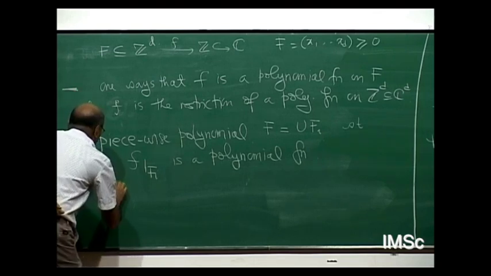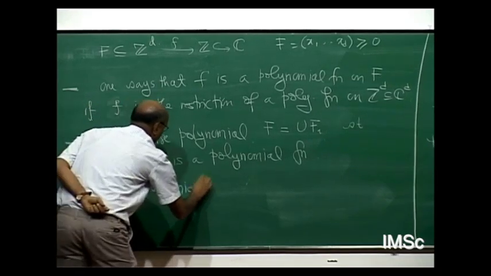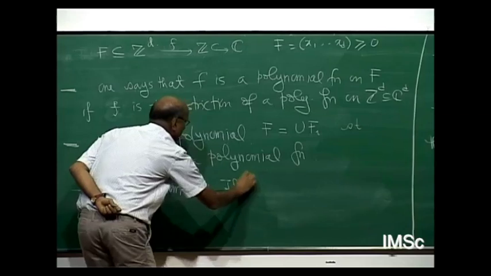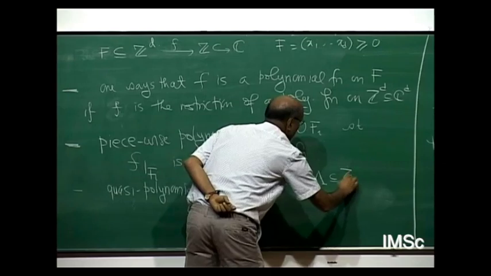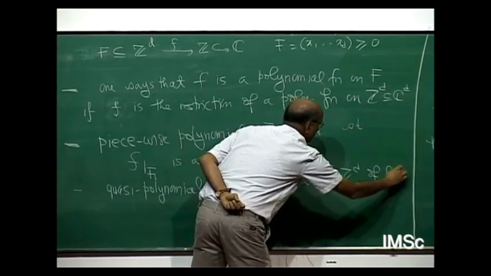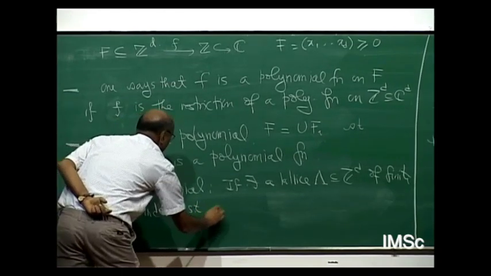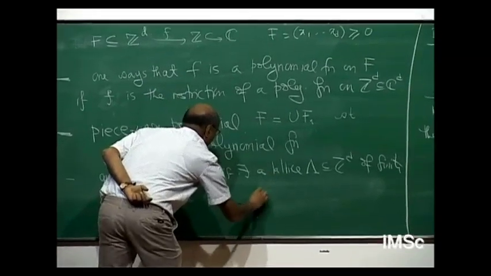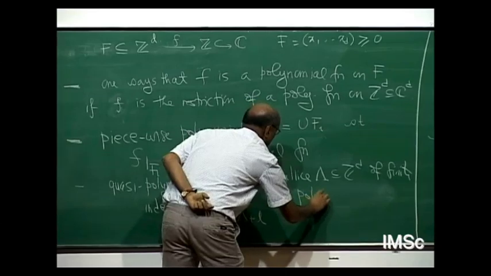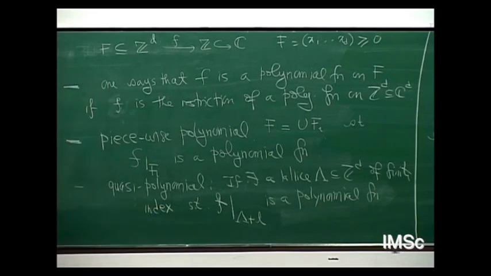So f is quasi polynomial if there exists a lattice lambda contained in Z to the power d of finite index such that small f restricted to lambda plus L is a polynomial function, where L is a coset of lambda in Z to the power d.